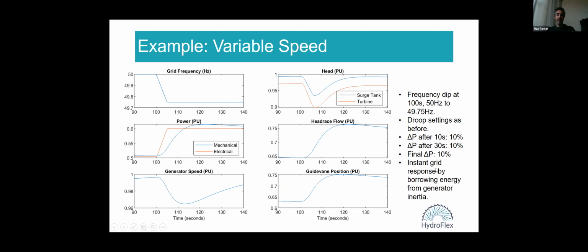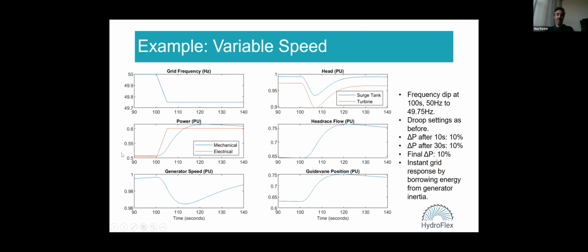So as an example of what it can do, this is the same frequency dip and droop settings as before, and this was then running the system from an initial power demand of 0.5 per unit.